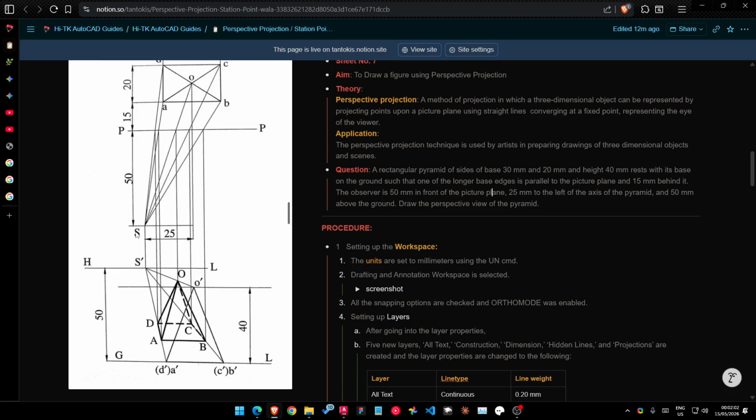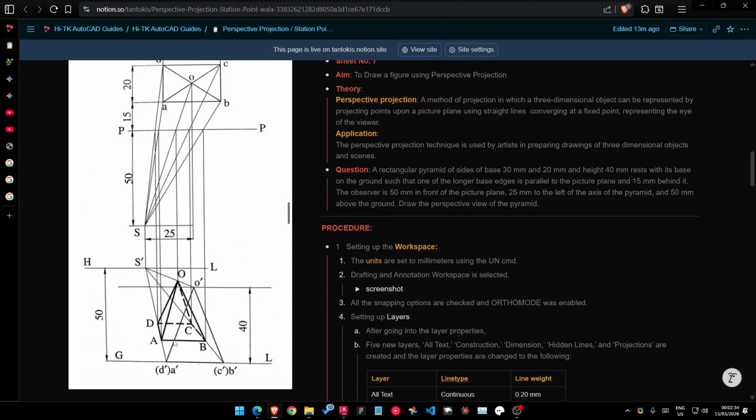We got till the station point, then we got till S dash, which is just an arbitrary length away. We chose 20 millimeters in this particular drawing, and after that we drew HL, and 50 mm from this we drew GL. Now after drawing this GL, go 40 up and draw a line, so we can get this shape after projecting these A, O, B points on the ground line. So we get the front view.